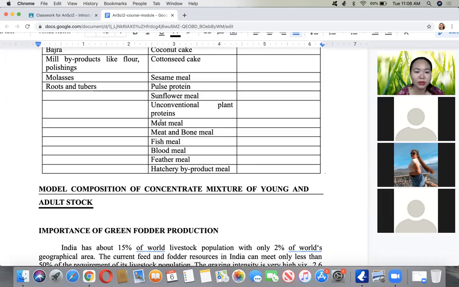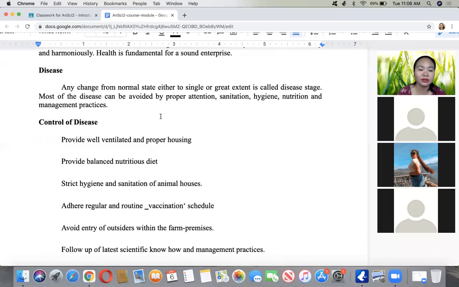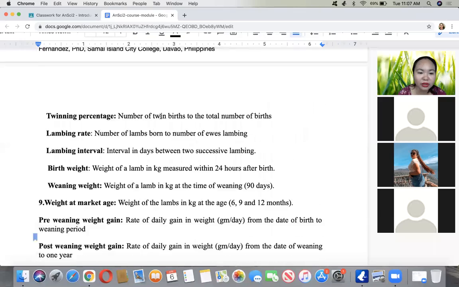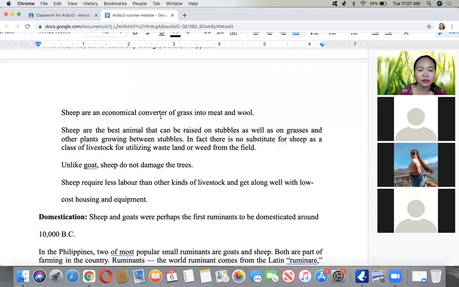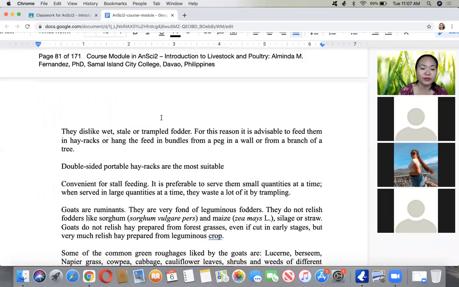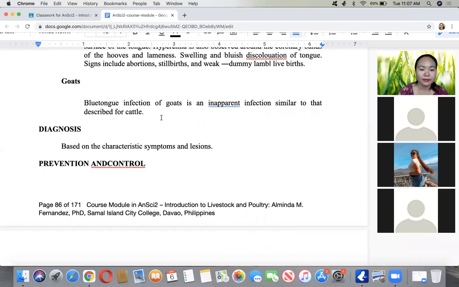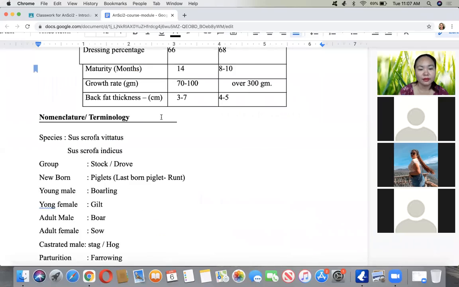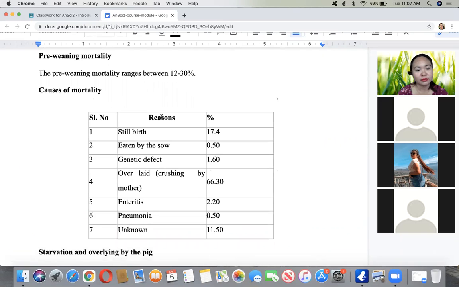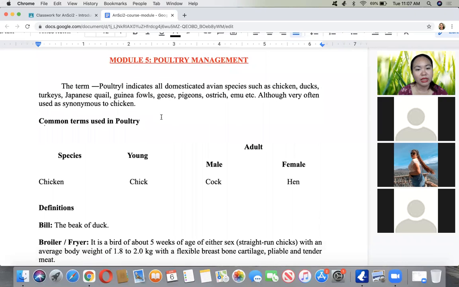The one mentioned first is the beak. Module 3, 4, and we are in module 5.